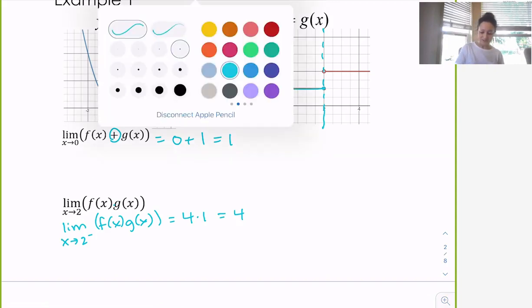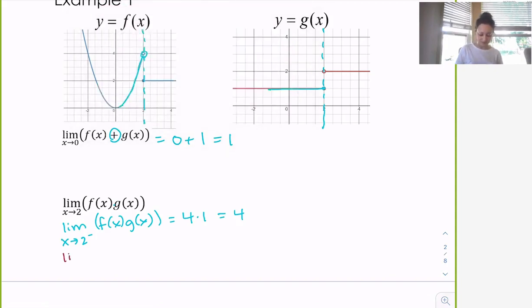Okay, now let's try that coming from the right. So the limit as x approaches 2 from the right-hand side of f times g. I'm going to come back to function f, this time approach that wall from the right. What y value are we approaching coming from the right? We're approaching 2.